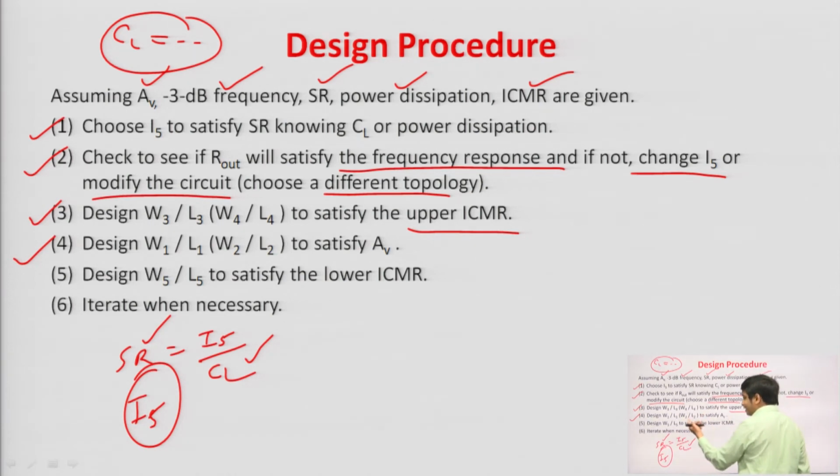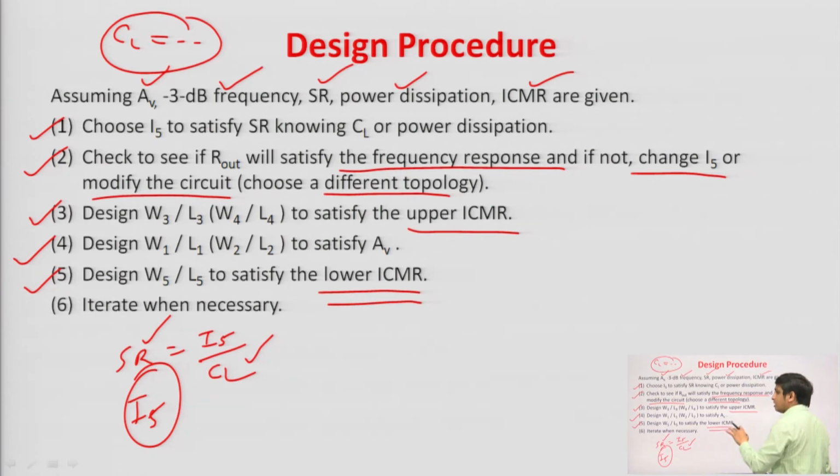We will select the value of W by L for M1 and M2 to satisfy AV, that is the voltage gain, and the W by L ratio of the M5 transistor will be selected to satisfy the lower ICMR. If we are not getting the required specification, then obviously iteration will be done. We will again change some value of the W by L ratio, and we can change the configuration also to meet those specifications.